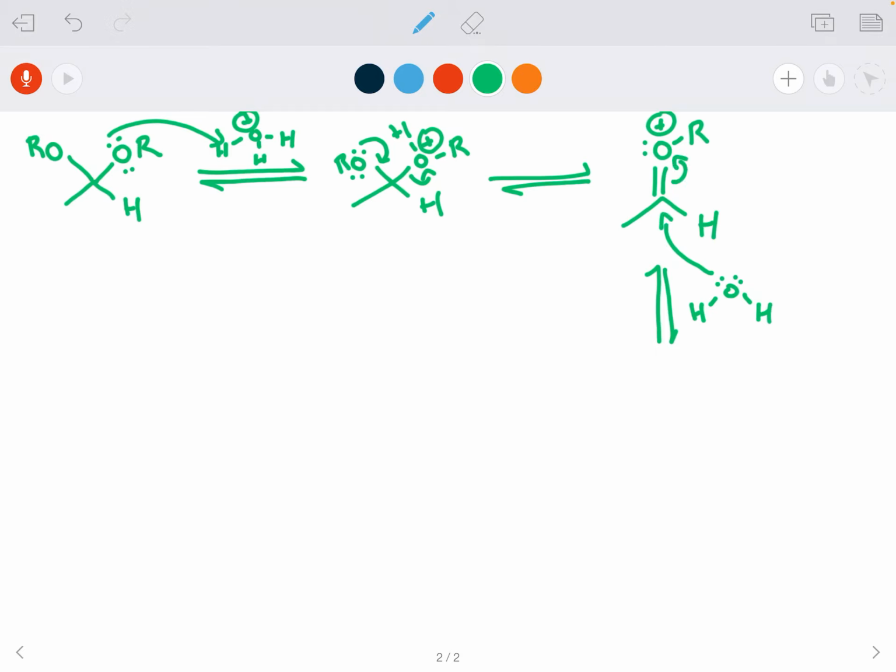So water comes in, the electrons from that double bond move up to the oxygen, so now we have this intermediate, and we've got to deprotonate that hydrogen from the OH2 group. We'll use water to deprotonate, since again, we're in acidic conditions, so no hydroxide.